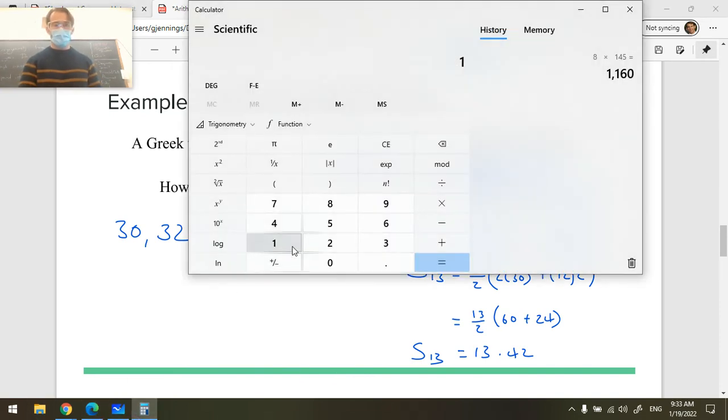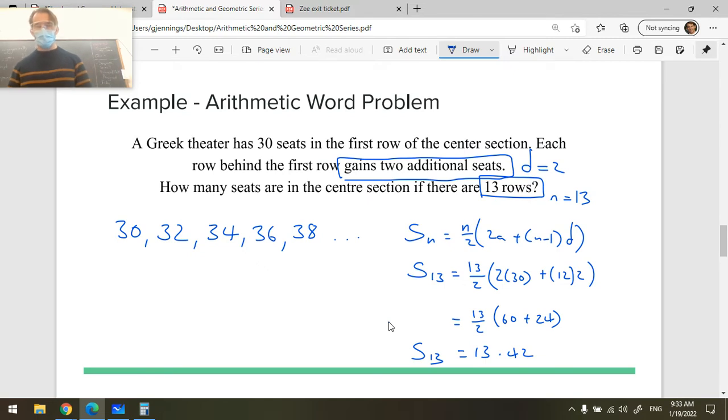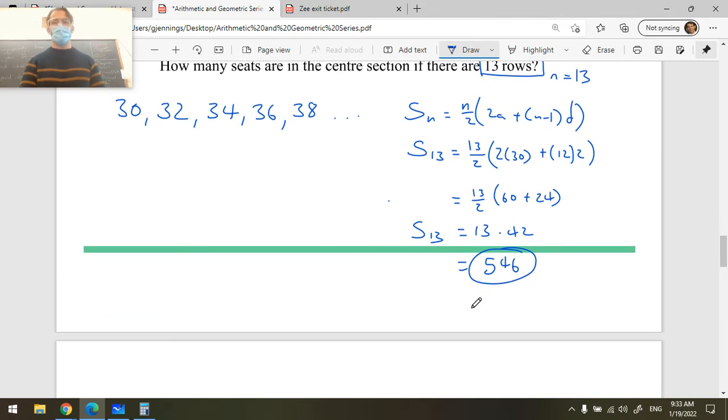We're going to go in here. 13 times 42 is equal to 546. There's 546 seats. Now ask yourself, does that sound reasonable? 546 seats in this Greek theater. Yeah, sounds reasonable. It's totally reasonable that they would have that many seats.